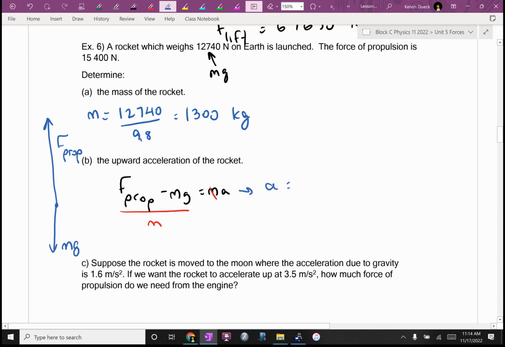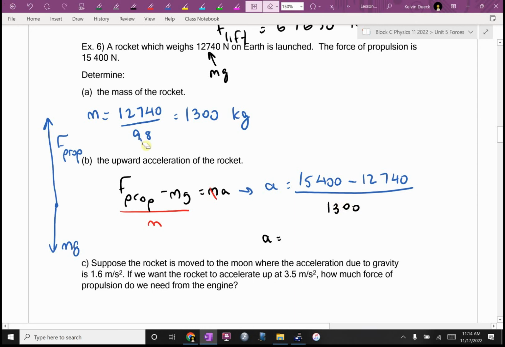A is going to be F prop, 15,400 minus mg. I was going to go 1,300 times 9.8, but I could also just go 12,740, because that's what mg is, divided by m. 1,300.